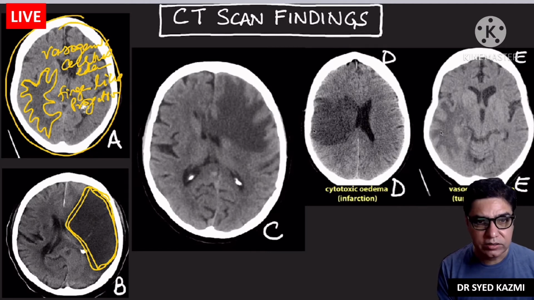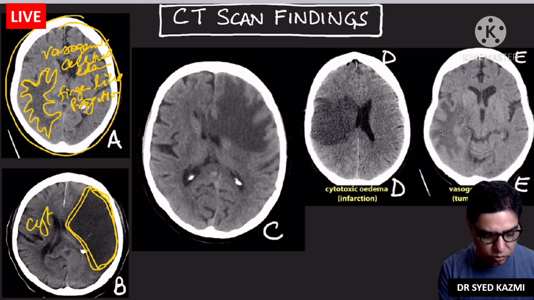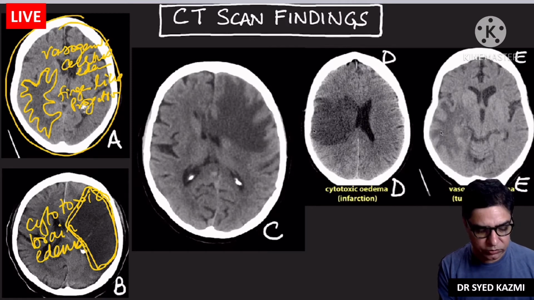Whenever there is a wedge-shaped hypodensity extending to the periphery of the brain, in other words involving the gray matter, that is cytotoxic brain edema. So this one is a very classical example of cytotoxic brain edema.